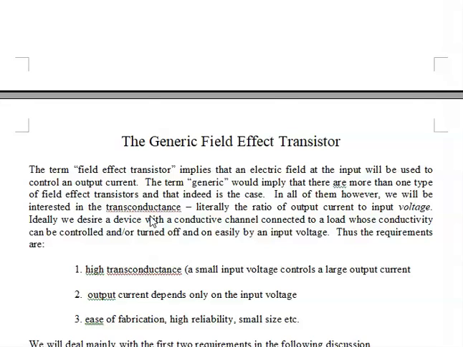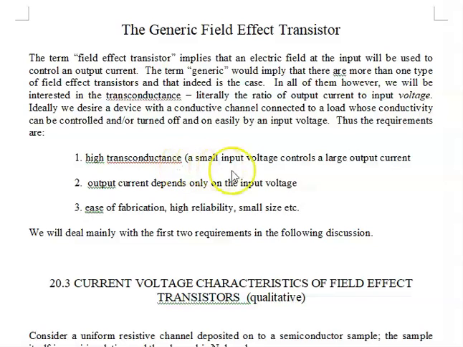Specifically, it'll be the gate voltage. That's why the trans comes in, because the numerator is the output and the denominator is the input. We like a small input voltage to control a large output current, so we want high transconductance.